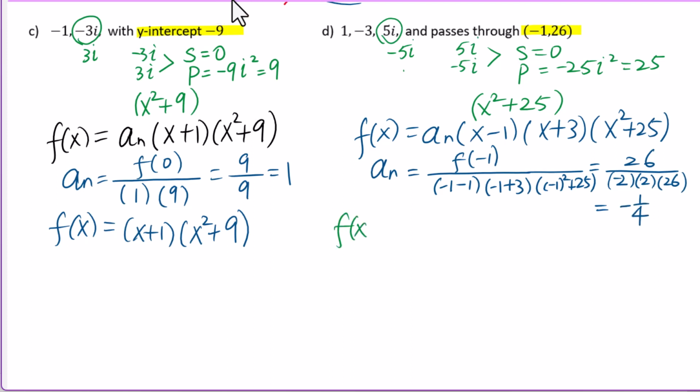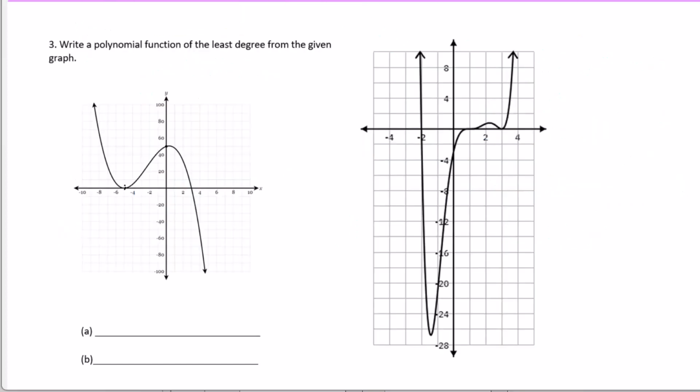So f of x equals negative 1 over 4 times (x minus 1)(x plus 3)(x squared plus 25). Question 3. Write a polynomial function of the least degree from the given graph.